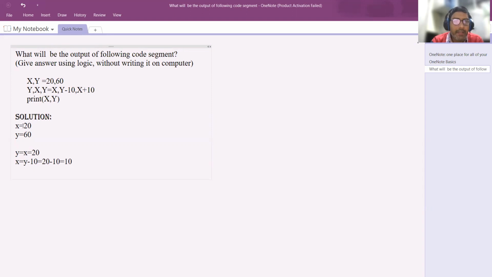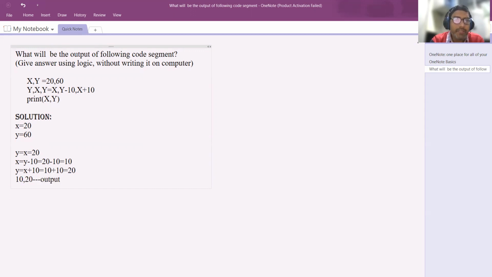Now we have y is equal to x plus 10. Now x is 10, so 10 plus 10 equal to 20. Now we are printing x and y. So x is 10, y is 20. So 10 comma 20 should be the output.